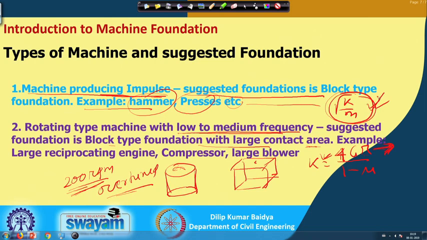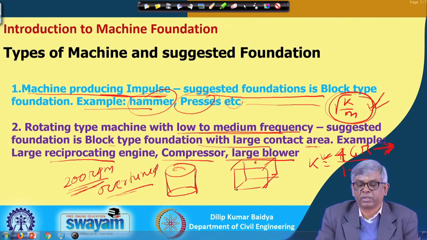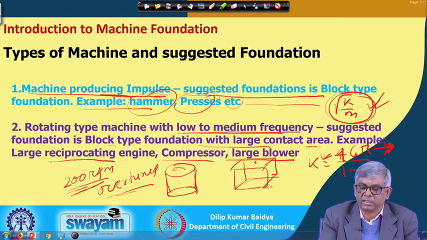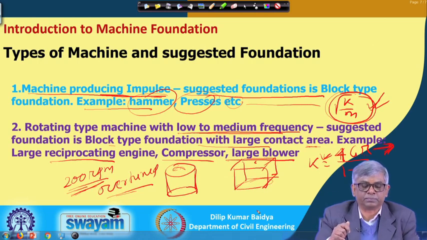That is the way we decide that. And what are the examples of this low frequency machine? They are large reciprocating engines, compressors, and large blowers. If this is the type of machine, then we have to go for a block foundation with large contact area. That means the base area will be more than the height.